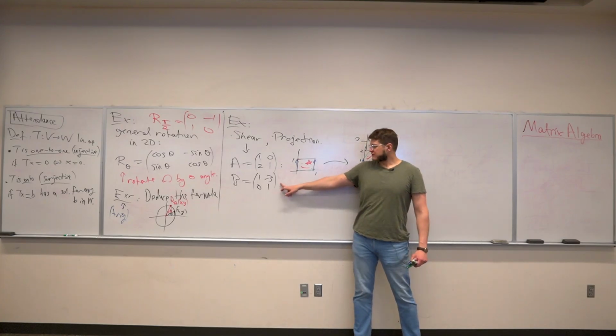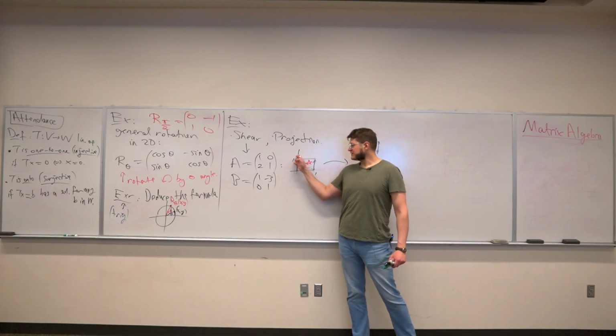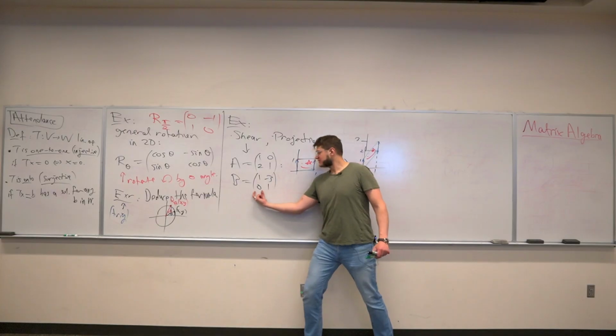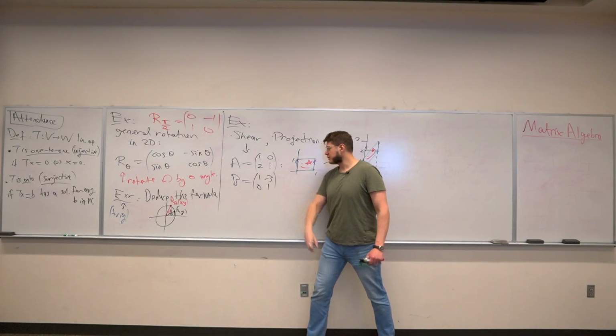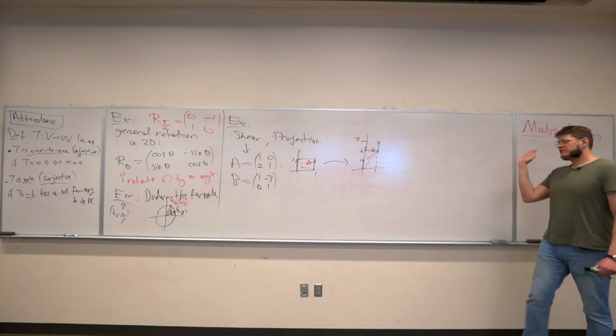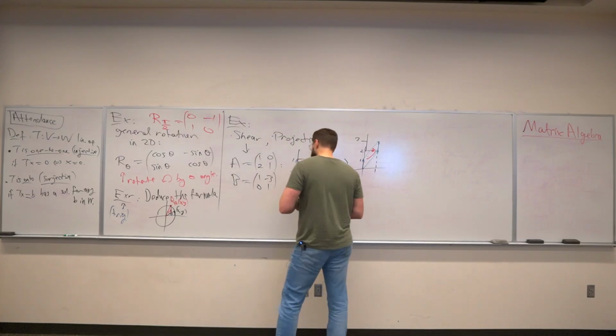If I were to look at this, the roles are switched. Instead of fixing the y, you're fixing the x. 1, 0 is in the first column. B fixes 1, 0. It slides the y-axis in the negative direction. So it turns into this.